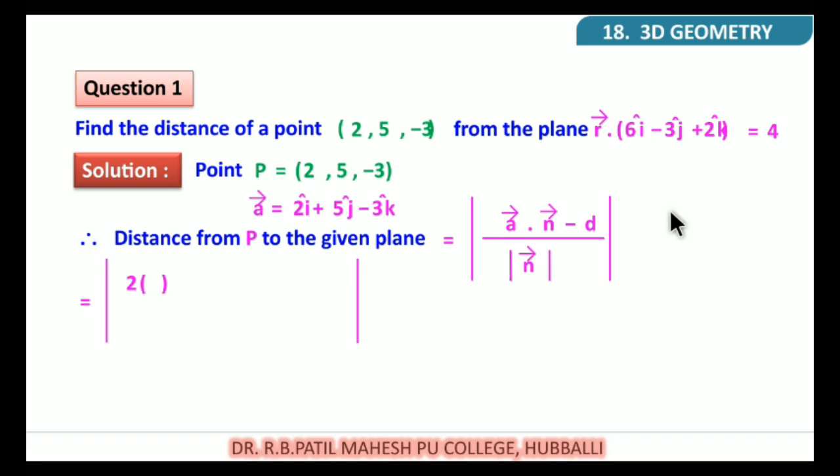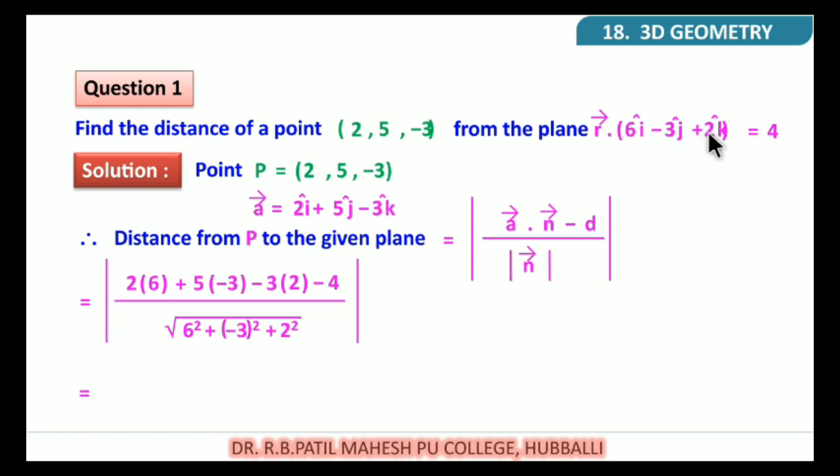Therefore 2 into 6 plus 5 into minus 3 minus 3 into 2 minus the d value, which is 4. So the whole is divided by the magnitude of n vector, that is square root of 6 square plus minus 3 whole square plus 2 square.